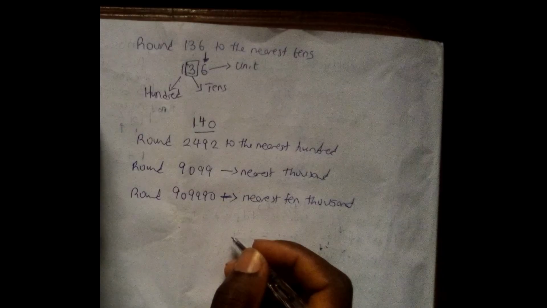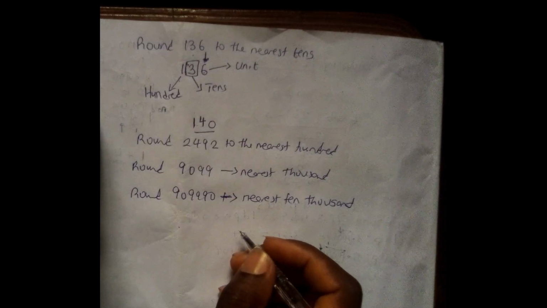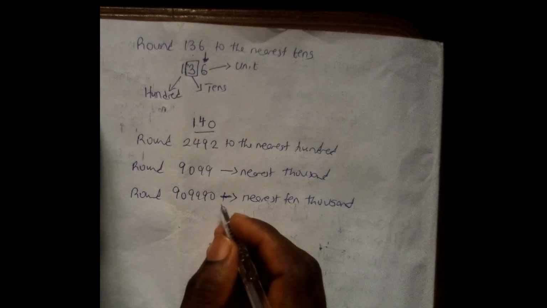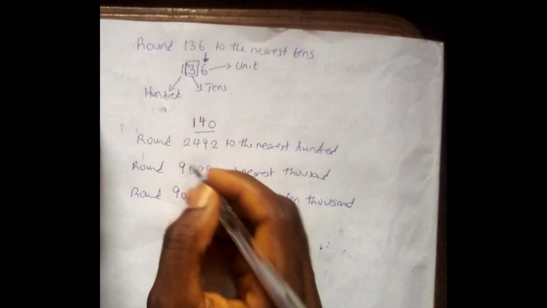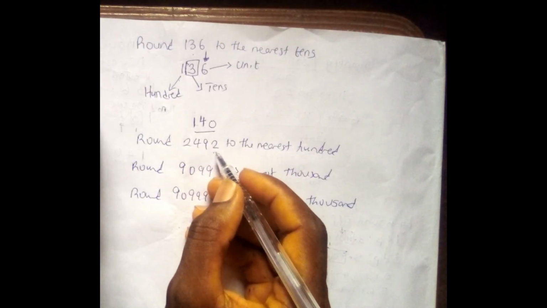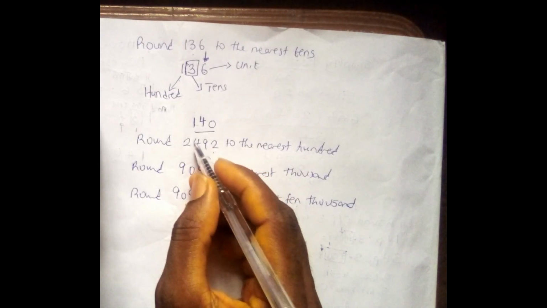Let's round off. Now let's round 2492 to the nearest 100. Now, which number occupies the position of the 100? Here is units, here is tens, here is the 100.